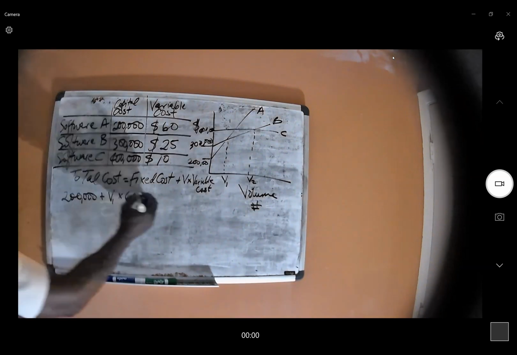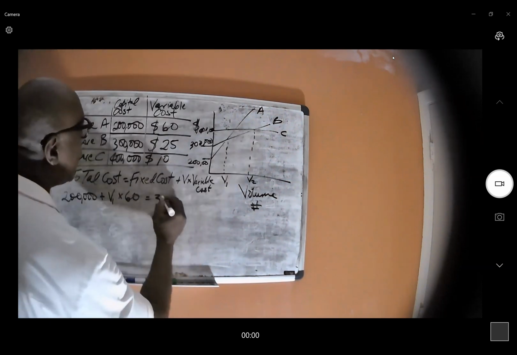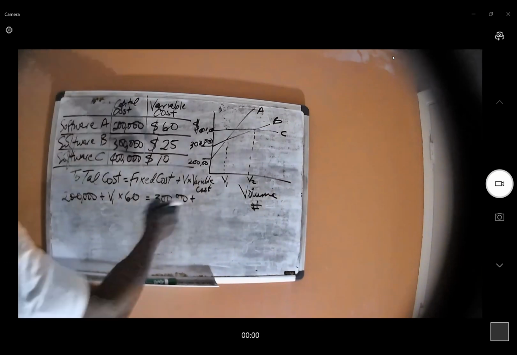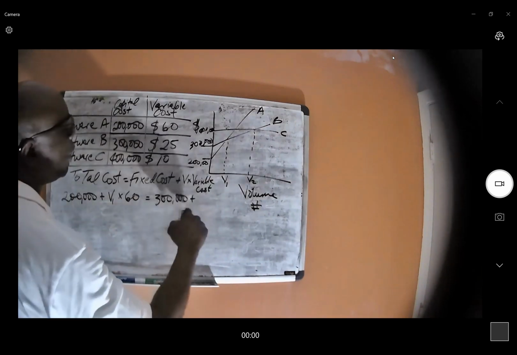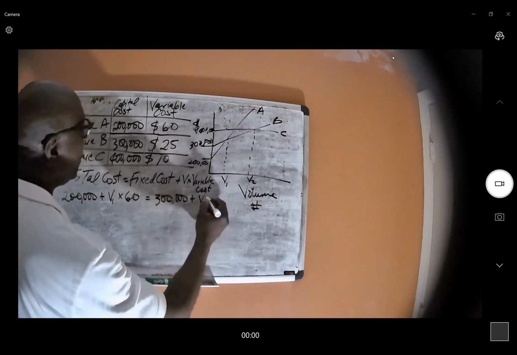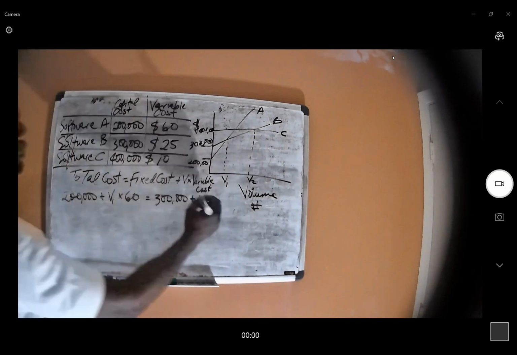That must be equal to your total cost for B, which is now 300,000 plus V1 times the cost per unit, which is $25.